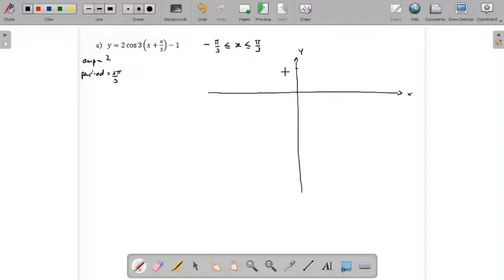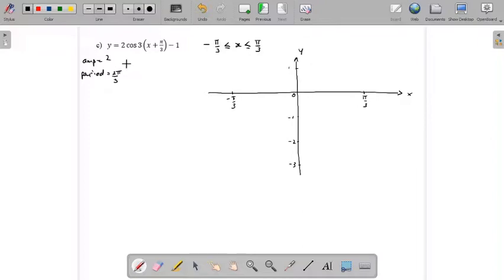Normally it would be from 2 to negative 2, but because we're translated down 1 unit, the maximum value will be 1. And the minimum value will now be at negative 3. And we're going from negative pi on 3 to pi on 3. So let's get our positions here.